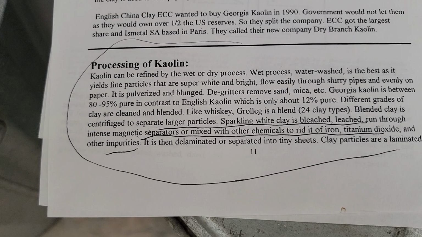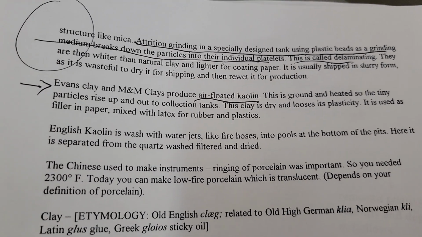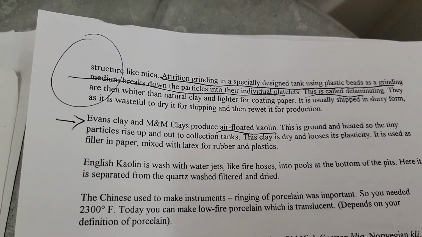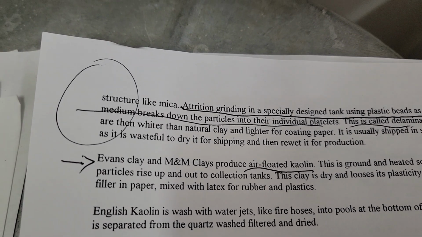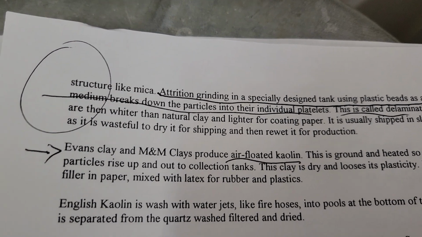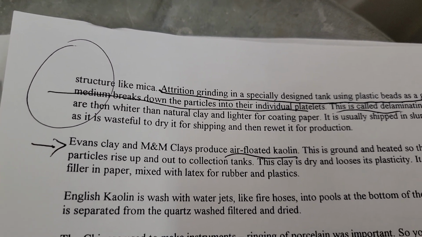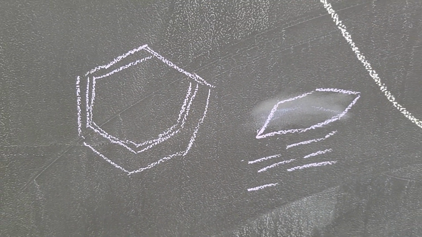And oftentimes it's delaminated. And what that's for is because kaolin is used to make paper coatings so they can put pictures on them. And so what they'll do is they'll do this attrition grinding with plastic beads to break the particles apart. It's called delaminating. And what that means is, see, I drew me a little picture of a kaolin particle.